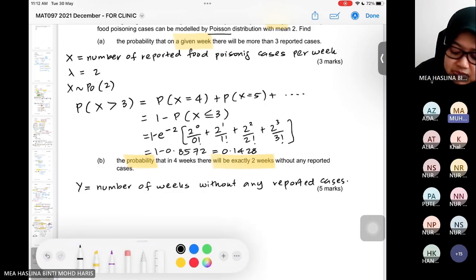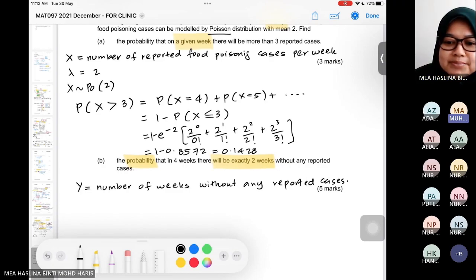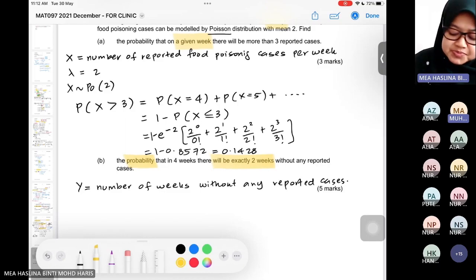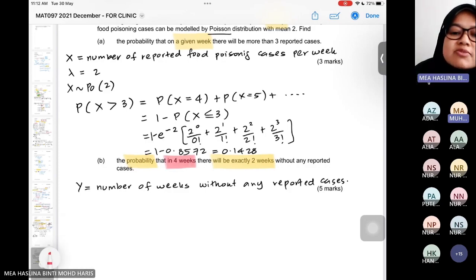Is it still about Poisson? Is the random variable Y Poisson or not? What do you think? Where is the hint? In 4 weeks. When you see the word in 4 weeks, you want the probability of exactly 2. What does that indicate?